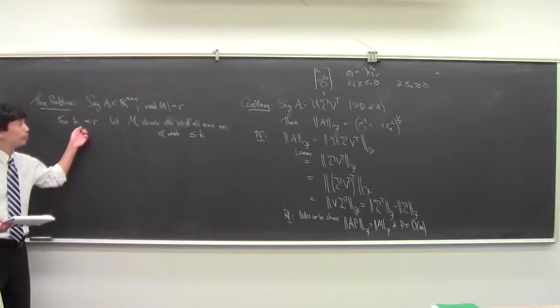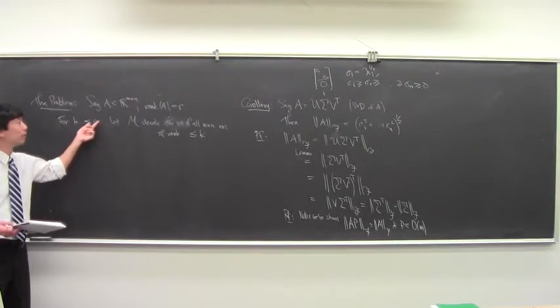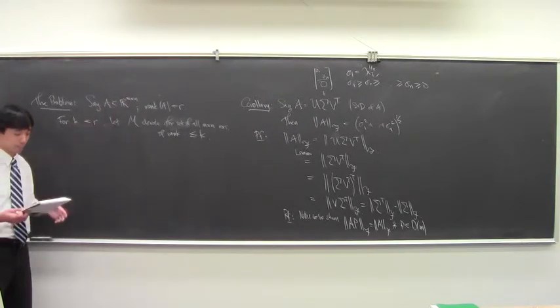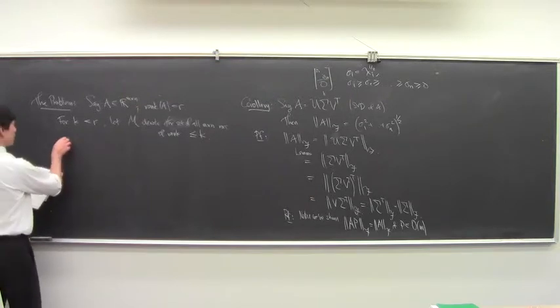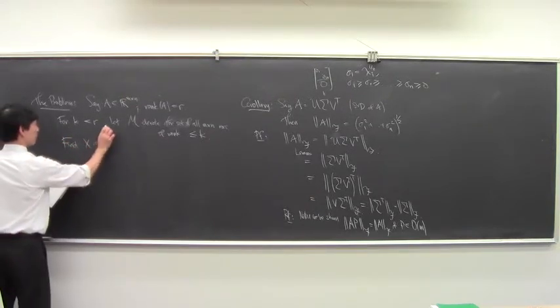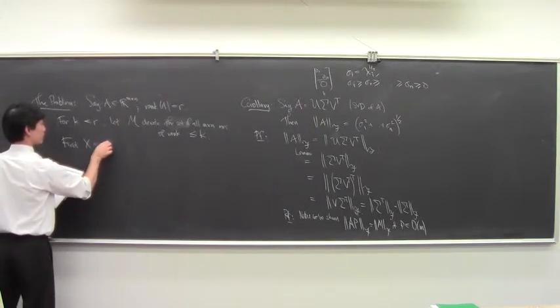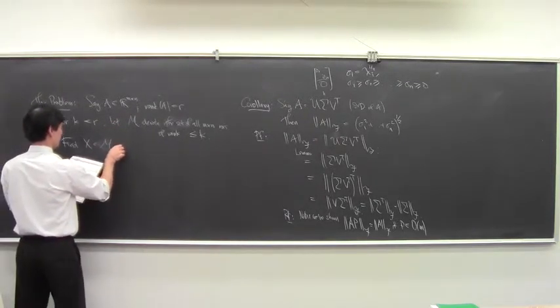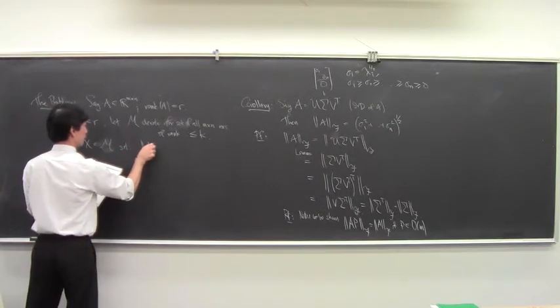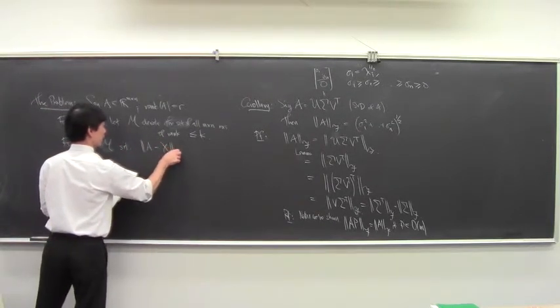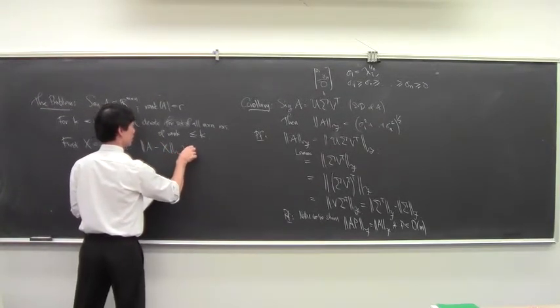So let's look at matrices of lower rank than A. And our problem is we'd like to find X in M such that the Frobenius norm of A minus X is minimal.